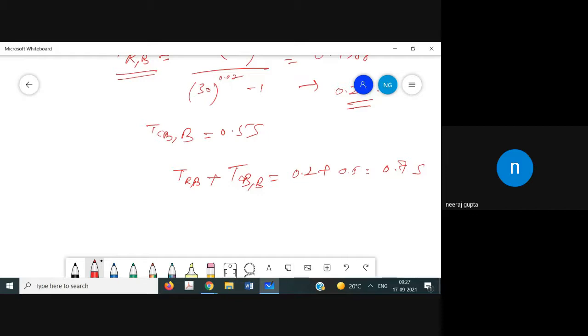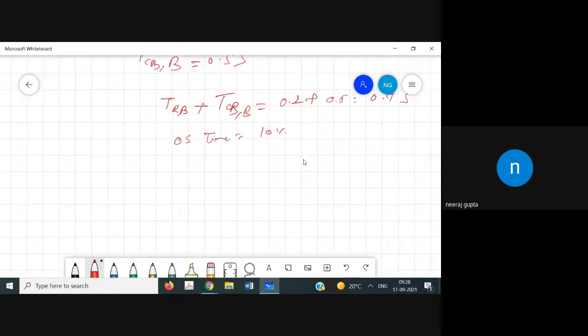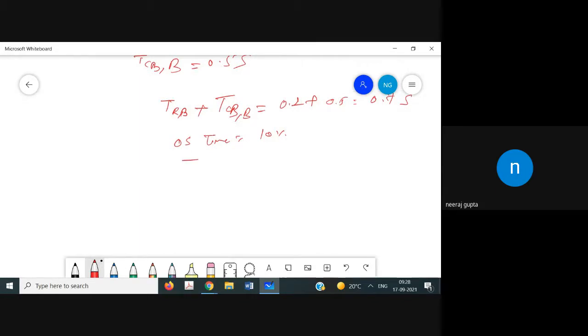Now it is the desired operating time for RA. However, as per the previous lecture and discussion, some overshoot time is also there. Let the overshoot time be 10% of whatever time is already given. This overshoot time is represented by T overshoot A, which equals 0.07, that is 10% of 0.7.